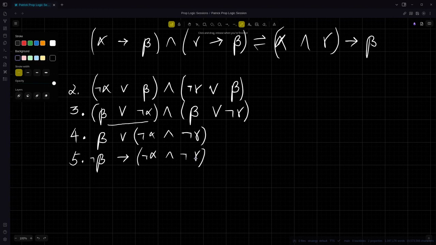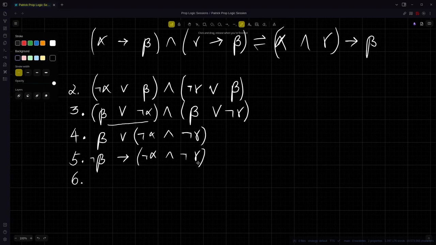So then we can do De Morgan's law. Already, or do you want to do something else before that? I would take out the negation and then do a contrapositive.